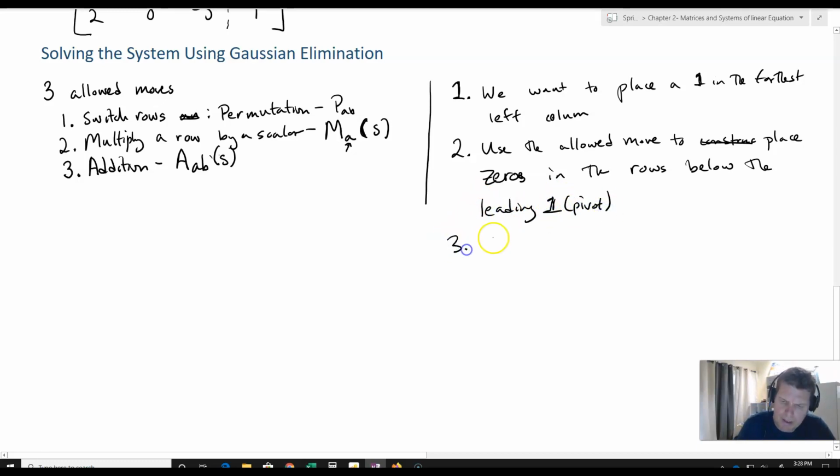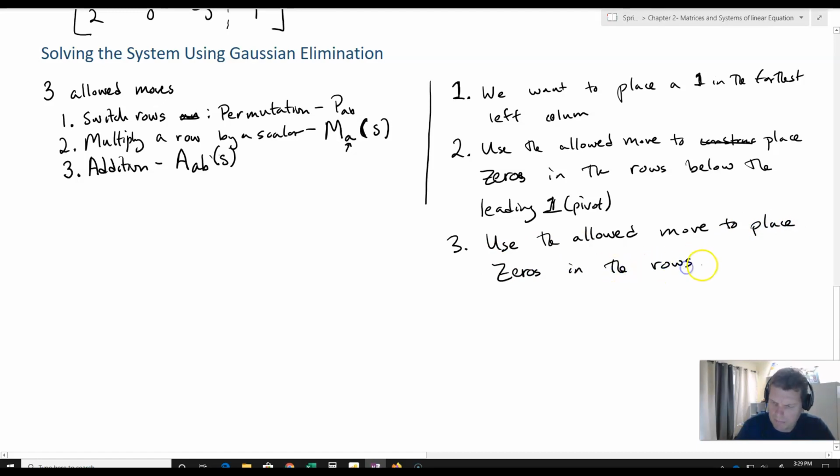Then three, use the allowed moves to place zeros in the rows above the leading 1.